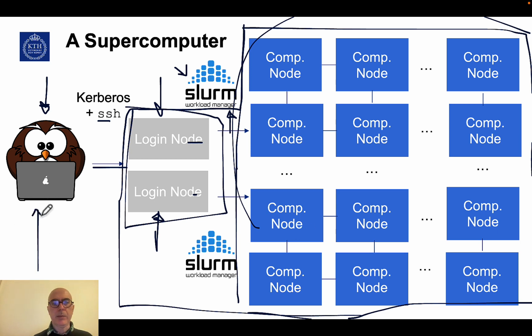We authenticate with Kerberos, then we type SSH, and then we connect to the so-called login nodes. Once we are on the login nodes, we can compile. We can only compile on the login nodes, but we cannot run. Absolutely, it is forbidden. We use Slurm to launch our code to the supercomputer computing nodes.